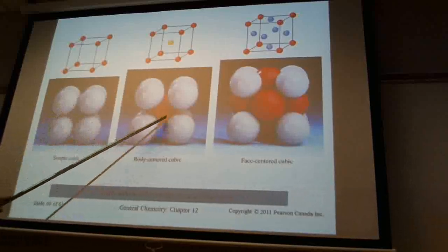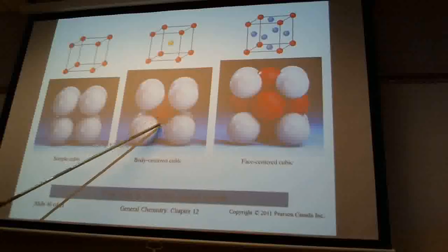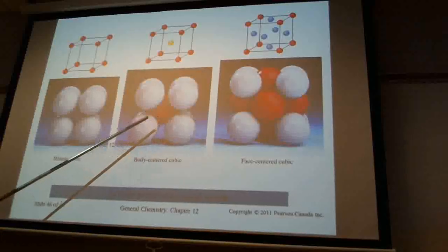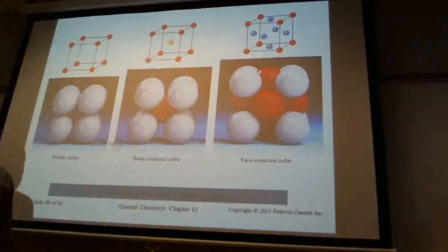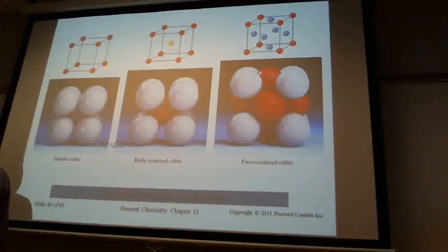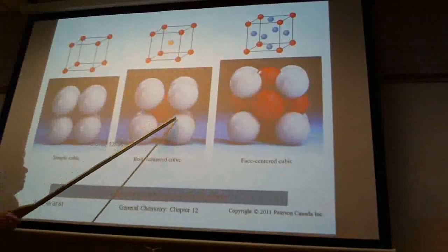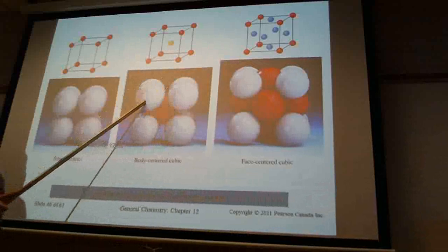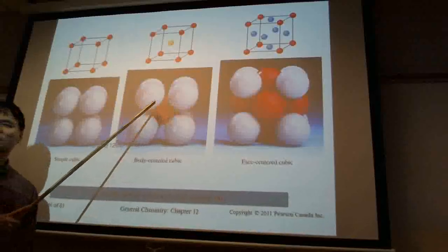The next one we're going to build is this. This looks like cesium chloride. This one looks like just the one you had, right? But the difference between this and the one you had is that the one you had a cation in the middle, and then the anions around it. In this one, all the atoms are the same size, because all the atoms are the same. Even though this one's colored red, it's colored red just for visibility.